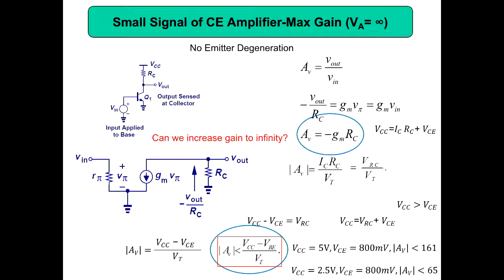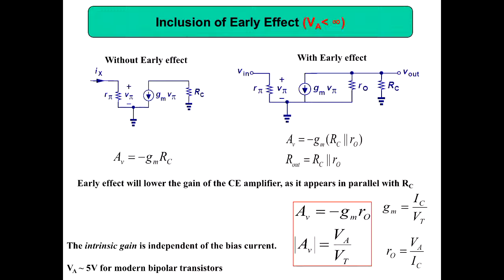So the issue is we haven't taken into account Early effect. Without Early effect, voltage gain equals minus GM into RC, because here we haven't taken into account RO. We took RO equal to infinity. When you take into account the Early effect, you have got this RO, and that is coming in parallel with your voltage dependent current source.